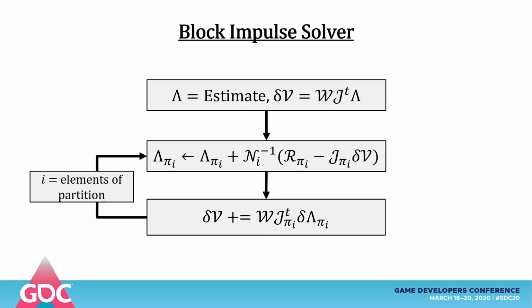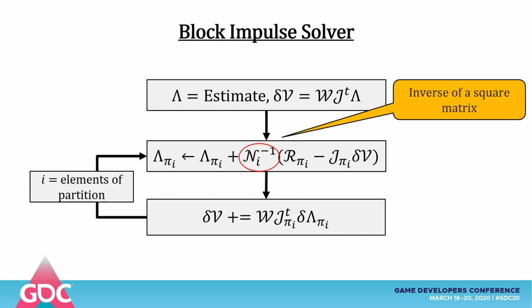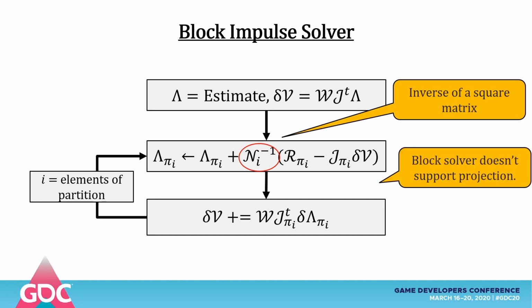The Gauss-Seidel or the impulse solver can be made to work with blocks instead of individual rows. Two things to note. In the block impulse solver, we need to compute the inverse of a square matrix, Ni, which might be expensive depending on the size of the block. Also, the block solver doesn't support projection, so this can only be used with equality constraints.